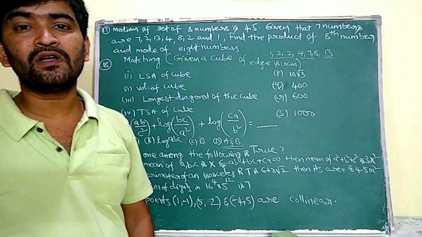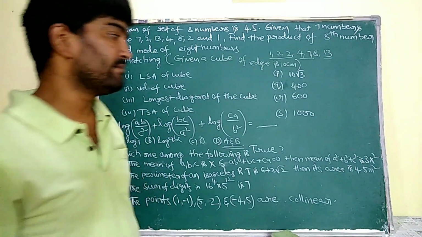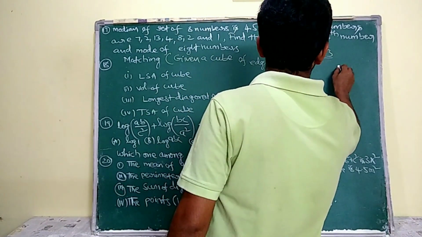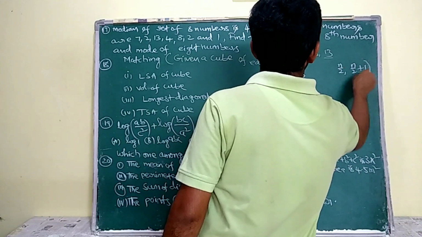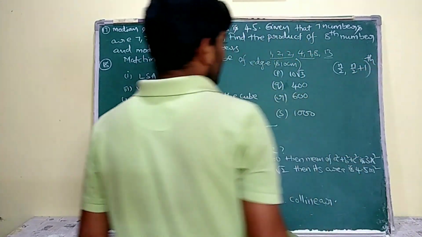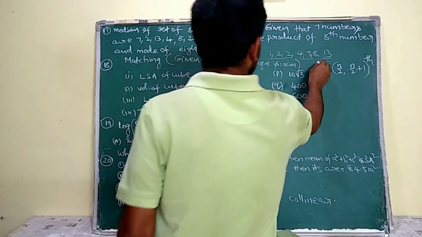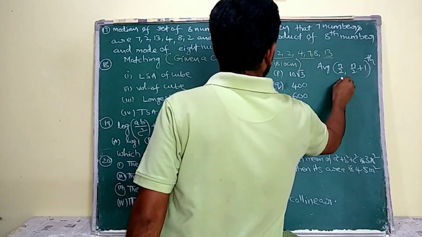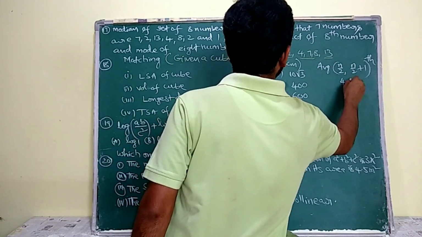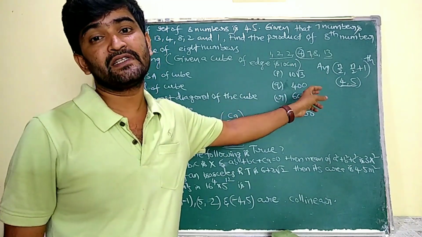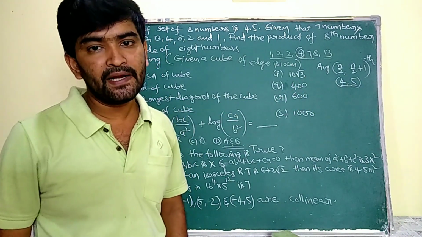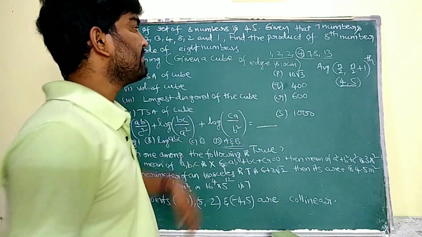8 numbers. Now we know the median of the 8 numbers: if n is even, then the median is the average of the n by 2 and n by 2 plus 1th observations. That is n by 2 means 4, and 4 plus 1 is 5. The average of the 4th and 5th observations is considered the median.